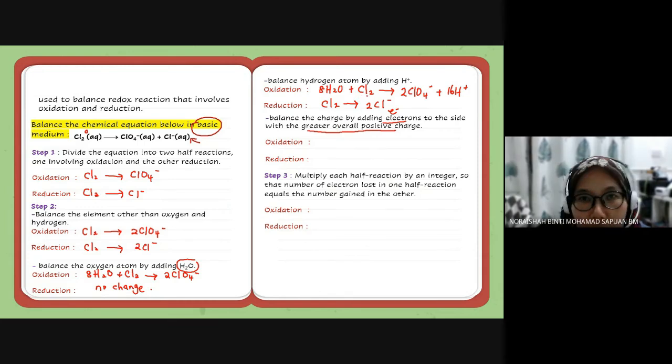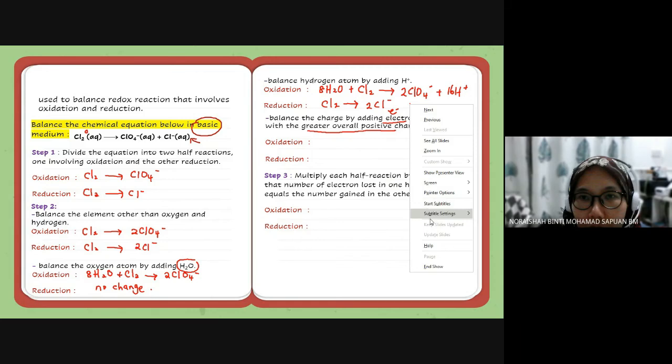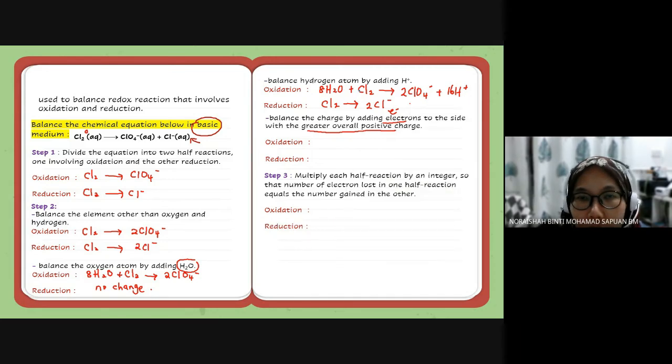So dekat sini kita tengok charge untuk sebelah kiri oxidation reaction kat sini 8 times 0, so dia 0, and then chlorine gas pun you dapat 0, so sebelah kiri 0, di sebelah kanan 2 times negative 1 is negative 2. 16 times positive 1 means positive 16, so total here is positive 14.